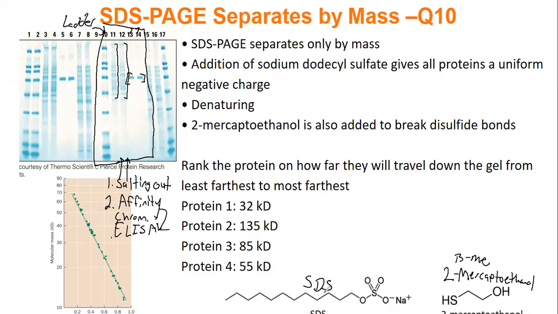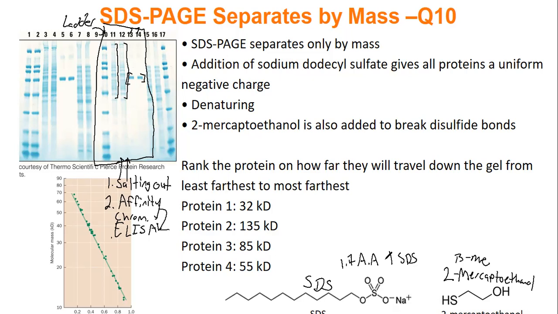So what SDS does is that it binds to all proteins non-specifically. It's like for every 1.7 amino acids, you will have one SDS molecule bound. And it doesn't matter what your amino acids are. For every protein, SDS binds the same way.